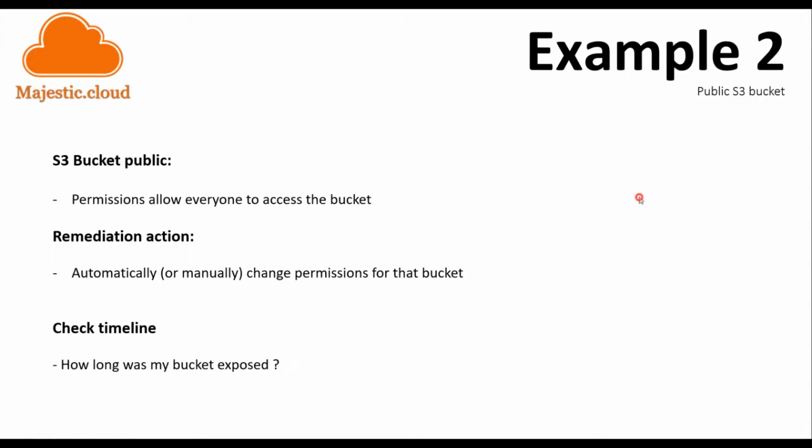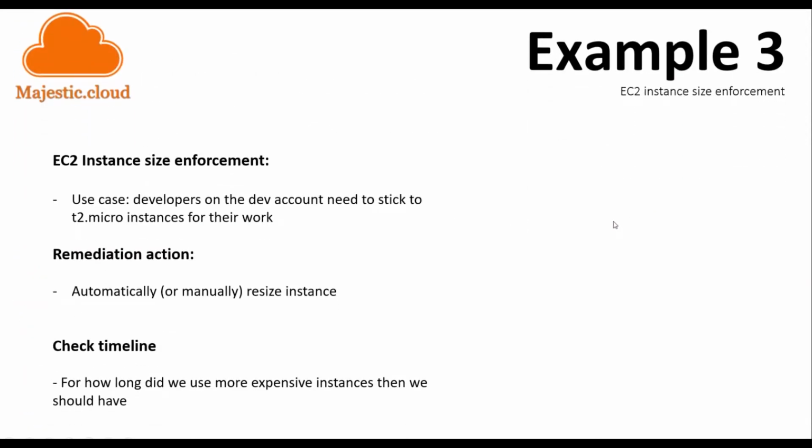The third use case is for EC2 instance size enforcement. For example, you might want to enforce a T2 micro instance size for your developers on the dev account, so they work with that instance size and not bigger instances that will generate more costs.